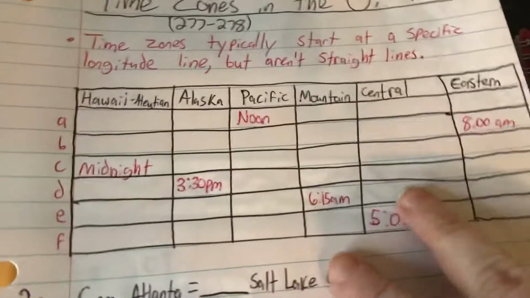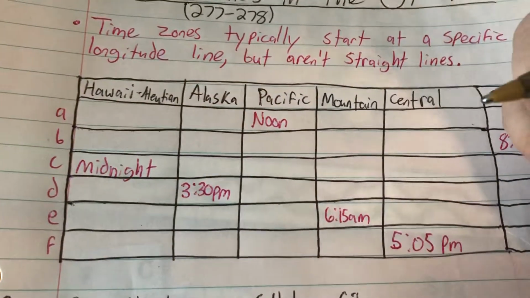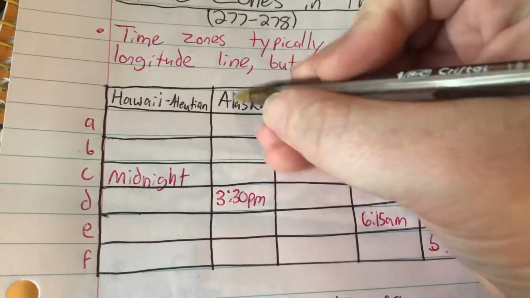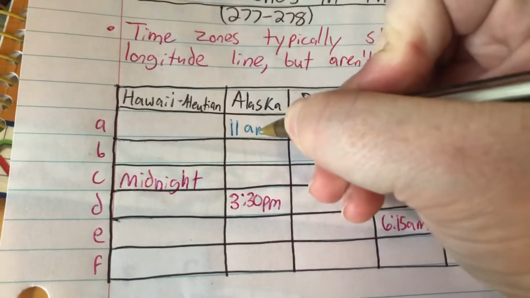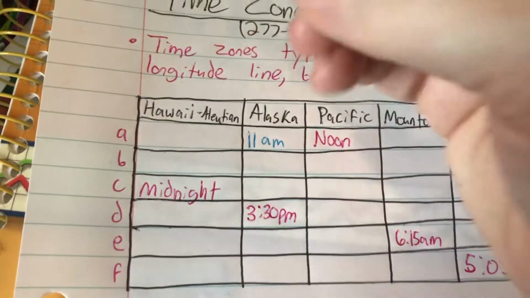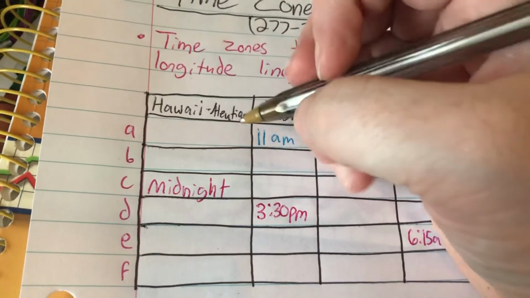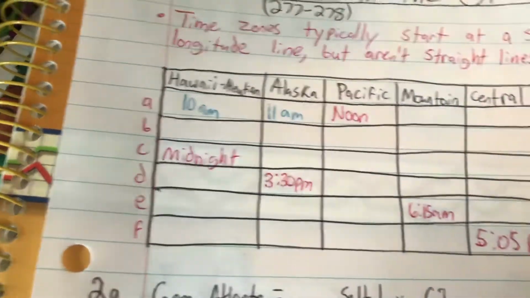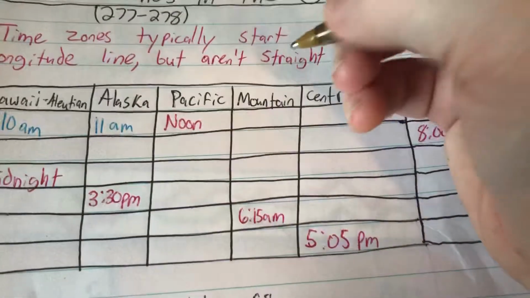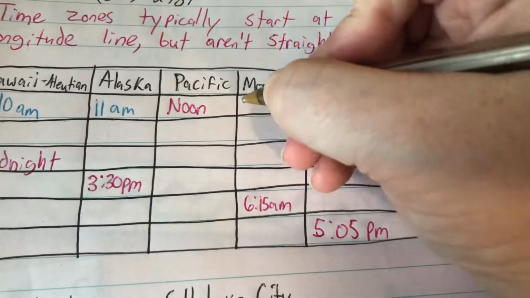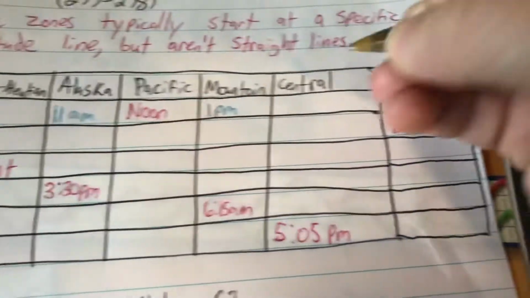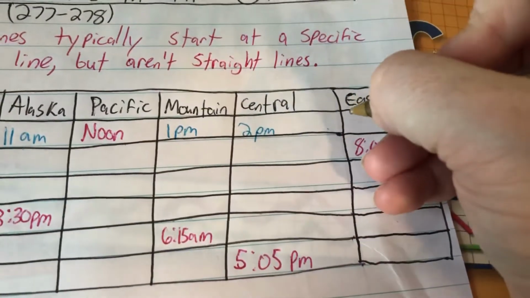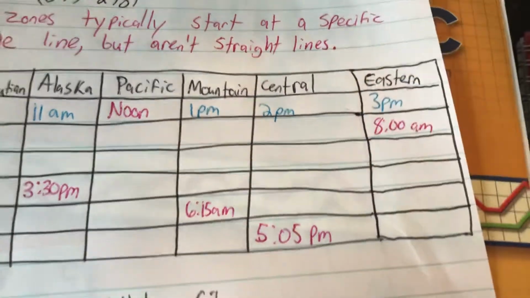So on A, if it is noon in the Pacific time zone, if we go west to the Alaska time zone, it would be 11 a.m. Further to the west, with the Hawaii Aleutian time zone, it would be 10 a.m. Then going to the east, the Mountain time zone would be 1 p.m., Central would be 2 p.m., and Eastern would be 3 p.m.